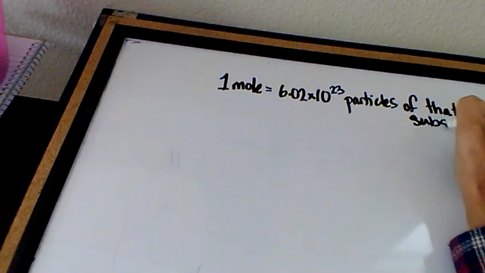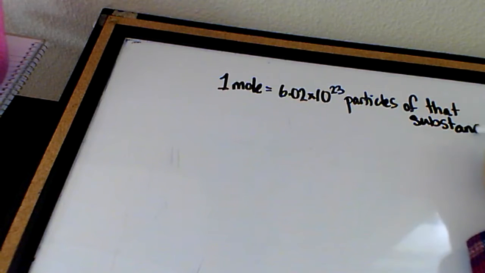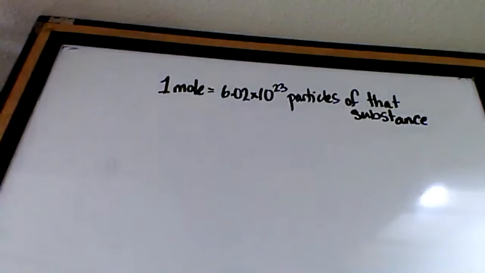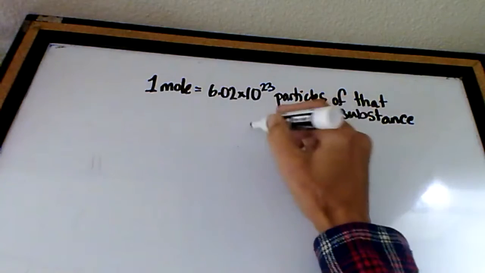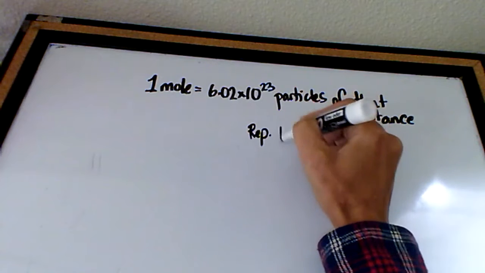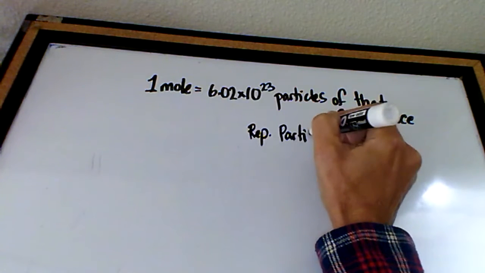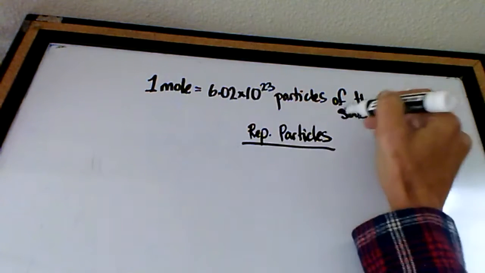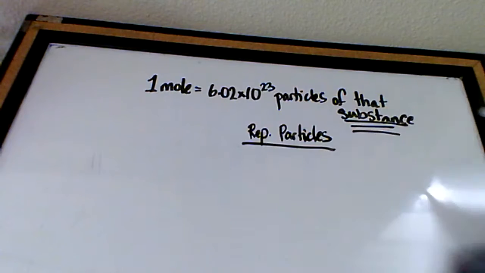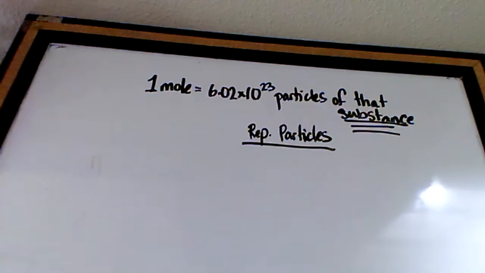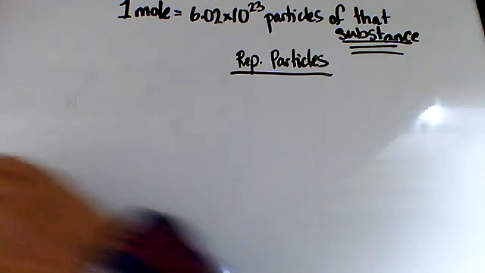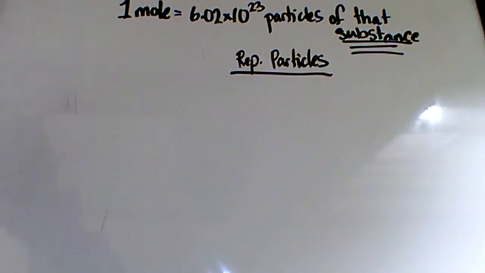That's what we mean by representative particles, okay? Now, what are our representative particles? Well, it depends on the type of substance we're referring to, right? It depends. So let's look at some different types of substances and see what those representative particles might be.